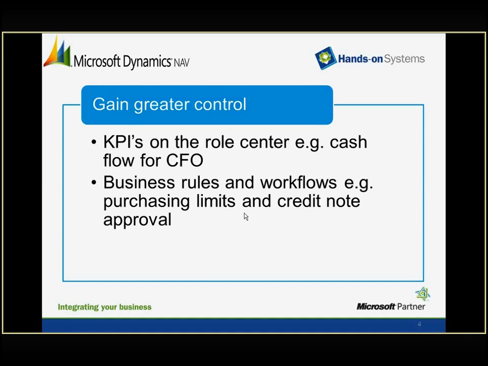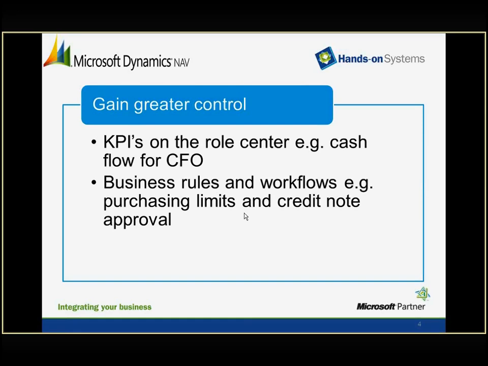One of the key things that we believe Microsoft Dynamics NAV is great for is giving you information that you can access immediately as soon as you log into the system. Each individual user has what's called a role center, and that's their personalized view of the business application.